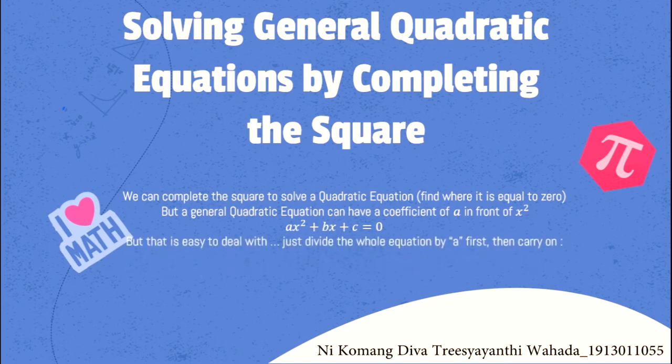But that is easy to deal with. Just divide the whole equation by a first, then carry on. x squared plus b divided by a x plus c divided by a is equal to 0.